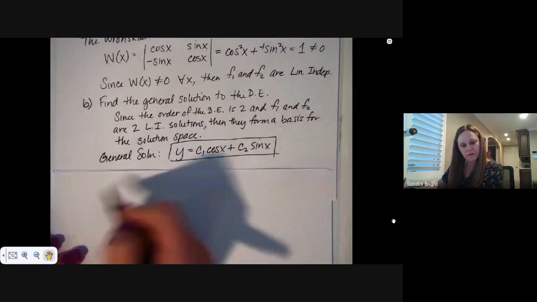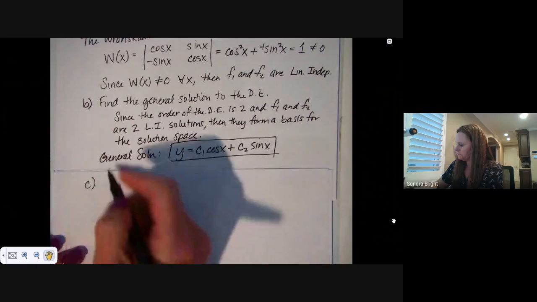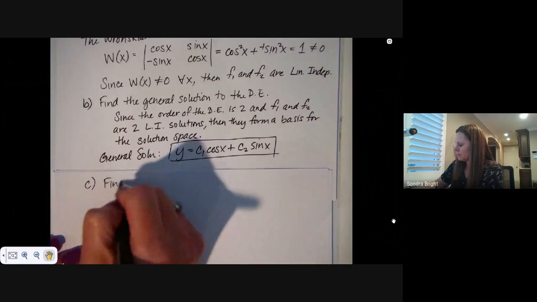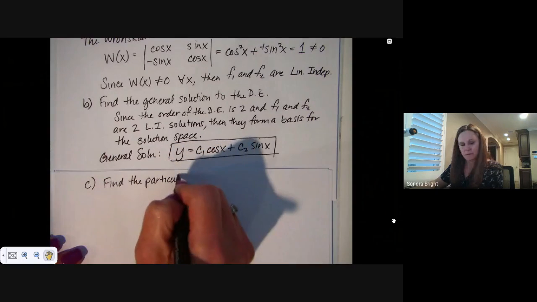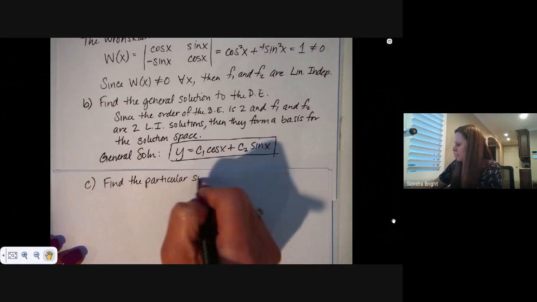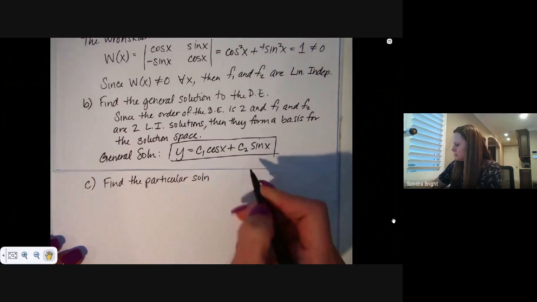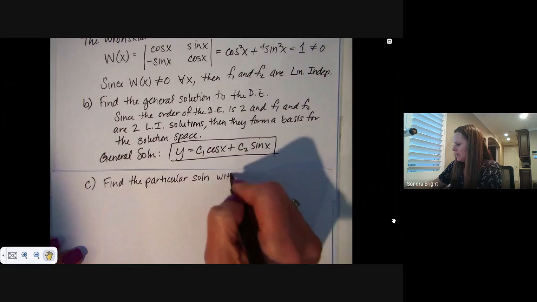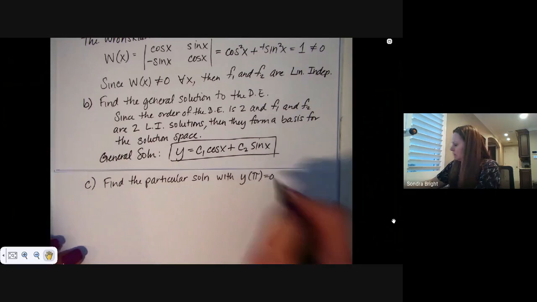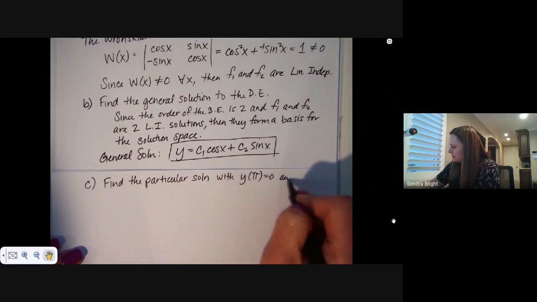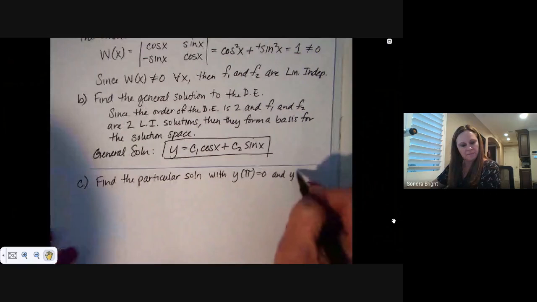So now they want the particular solution with y of pi equal to 0, and the first derivative evaluated at pi is -2.